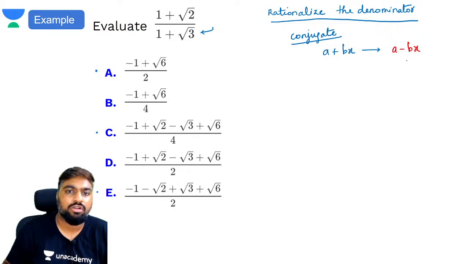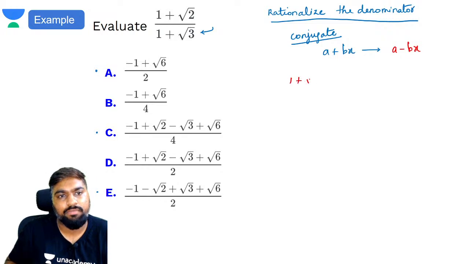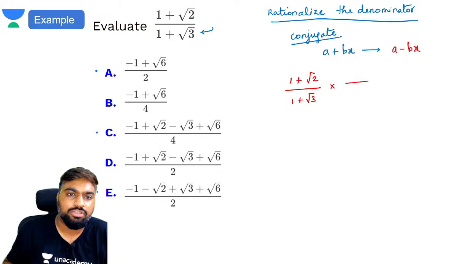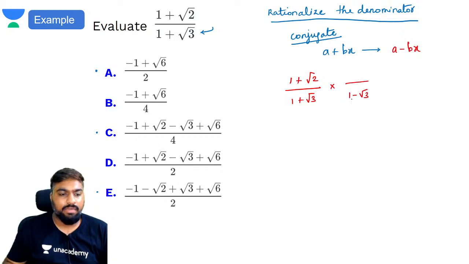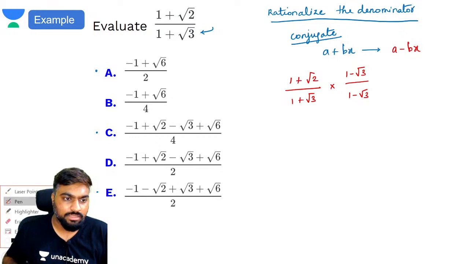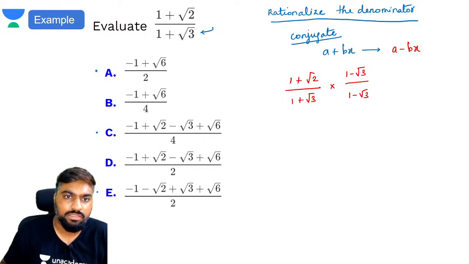So when our given expression is 1 plus root 2 by 1 plus root 3, and I don't want root in the denominator, I multiply it with its conjugate, which is 1 minus root 3. Now I can't simply multiply things in the denominator, I have to do it in the numerator also to balance it out. So I have to find out what is 1 plus root 2 into 1 minus root 3 by, what is this?